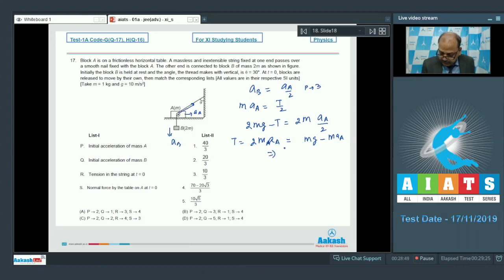This means 3aA is 2g, or aA equals 20 by 3 meter per second square, which means P matches with 2, and initial acceleration of B is half of this, so Q is matching with 3.